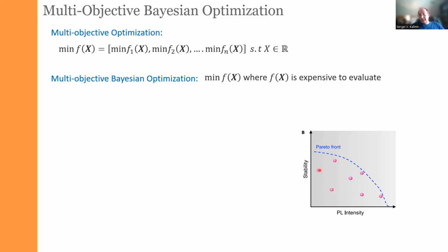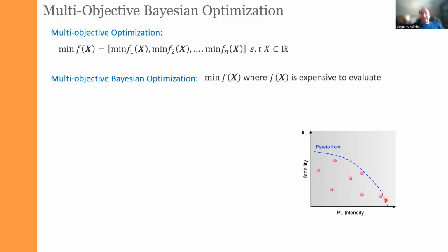For these dots, we can improve stability and intensity at the same time. But for the dots that are lying on this Pareto front, we can improve stability at the cost of intensity, or intensity at the cost of stability. This is called Pareto optimality, and that's exactly what it means: an optimal combination between the properties.